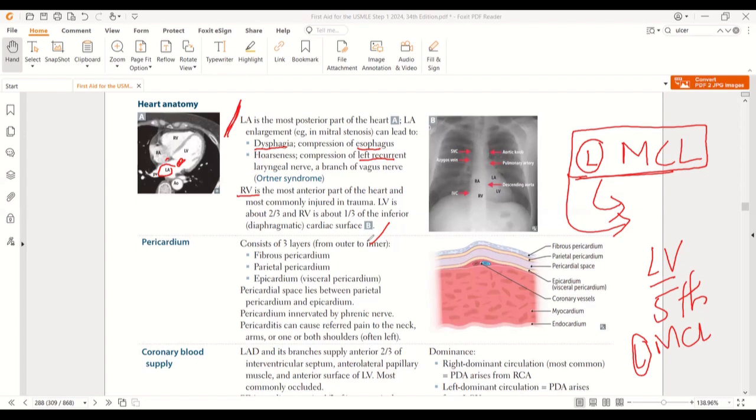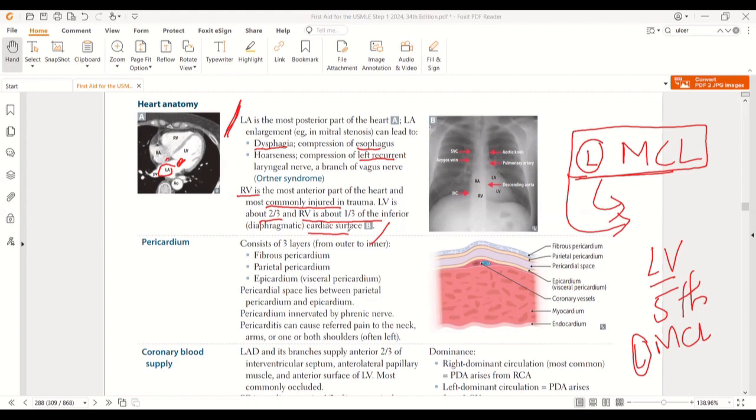The left atrium is the most posterior part of the heart. The left atrium enlargement in mitral stenosis can lead to dysphagia and Ortner syndrome. The right ventricle is the most anterior part of the heart and the most commonly injured in trauma if it is medial to the left midclavicular line.